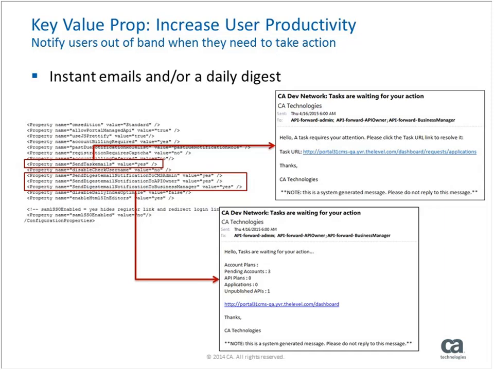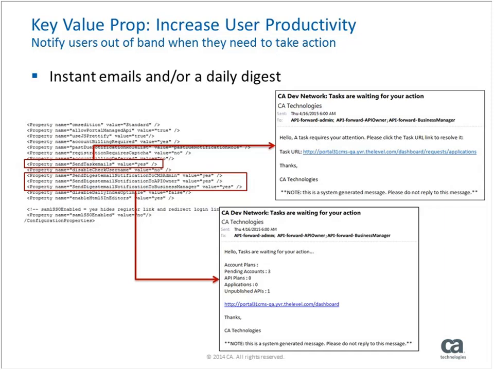You can send either a per request email, that is, if somebody registers on the portal and that registration request comes into your request bucket, you can get a request sent to you out of band telling you that the person's just registered, or if they send in an account plan change request or an API plan change request or an application request, all of those on a one-for-one basis can be sent as out-of-band emails to you to notify you immediately when that request comes due.